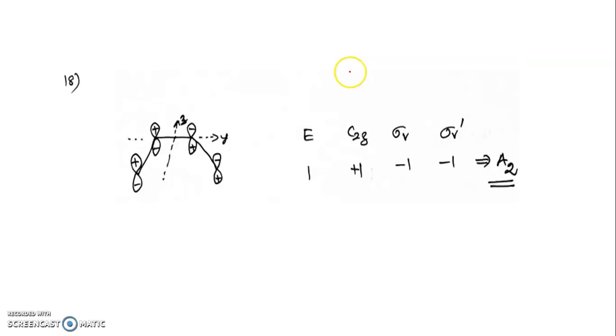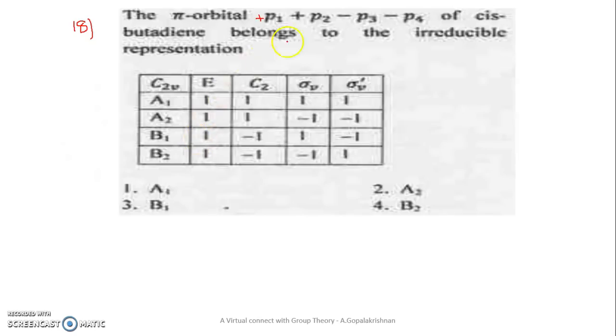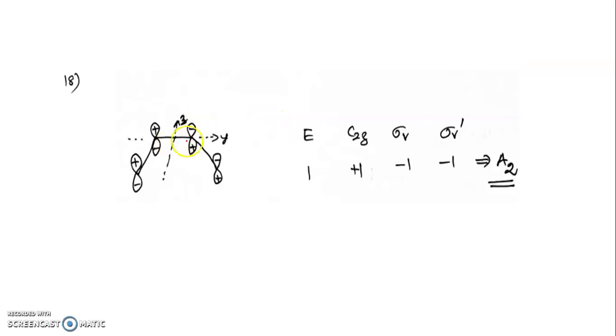So if you see the pi orbital, between P1 and P2 there is no node, therefore the lobes should have the same sign, the upper lobe plus, here also the upper lobe plus. Between P2 and P3 there is a sign change, correct? This is plus, this is minus, so the sign changes. That means there should be a node present between these two.